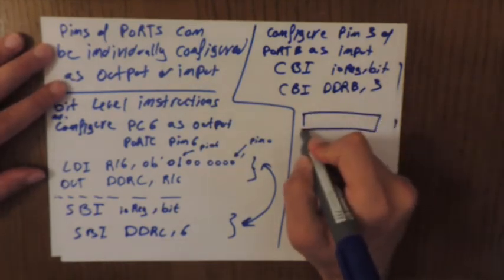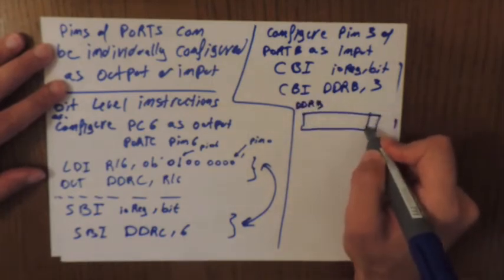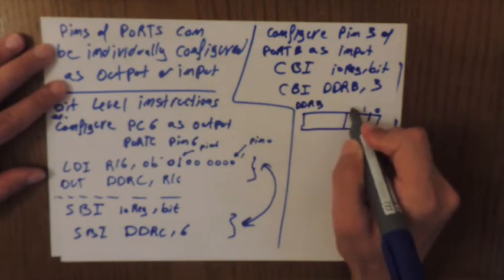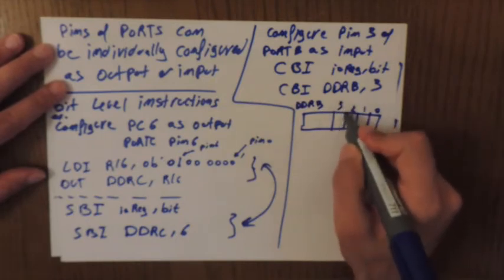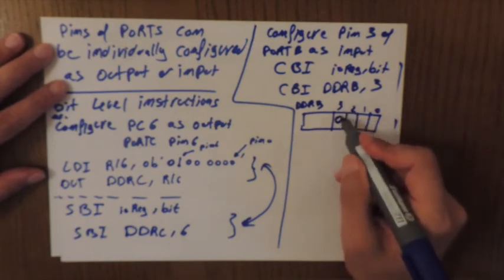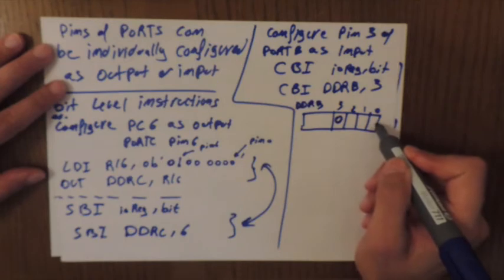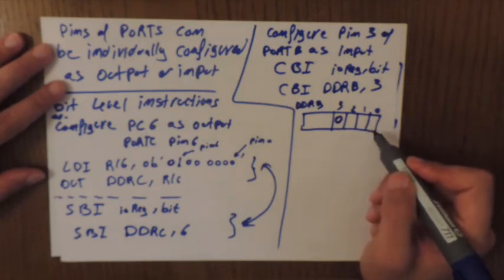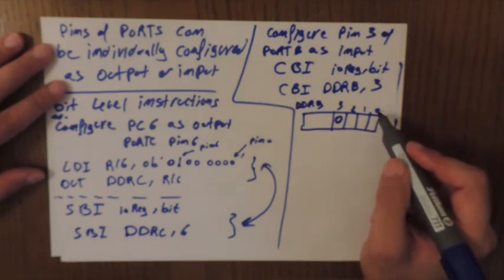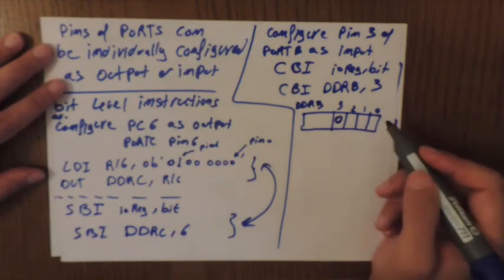Remember, what we'll have in DDRB, this is 0, 1, 2, 3, and we'll have 0. So this will be, if you want, pin number 3 or the 4th bit, because we start from 0. This can be a little bit confusing. Is it the 4th bit or the 4th pin?